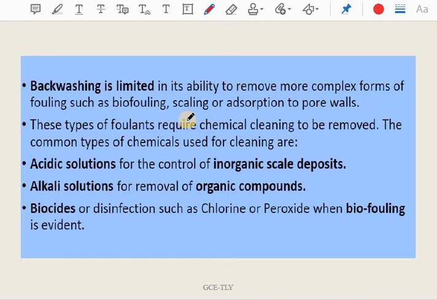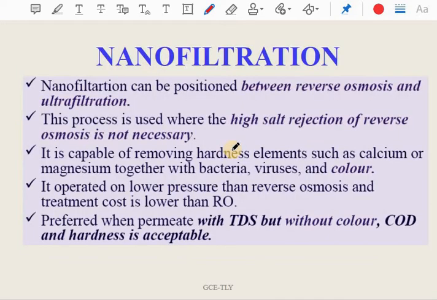The common types of chemicals used for cleaning purposes are acidic solutions to control inorganic scale deposits, alkali solutions to remove organic compounds, and biocides or disinfectants such as chlorine or hydrogen peroxide for biofouling.